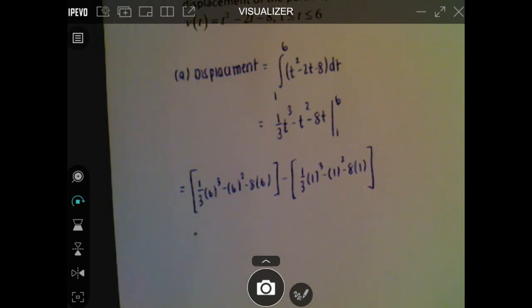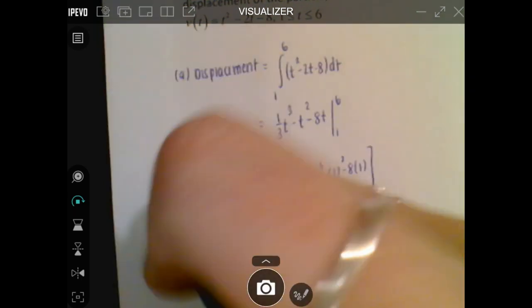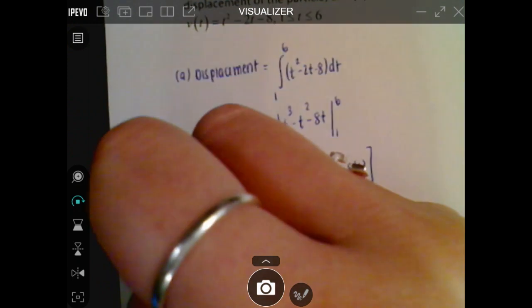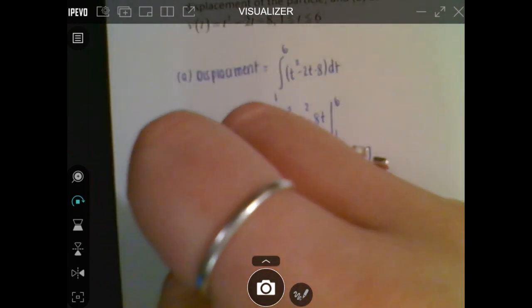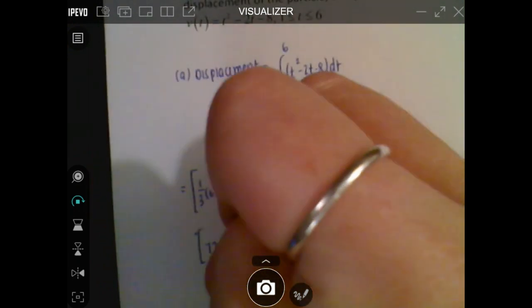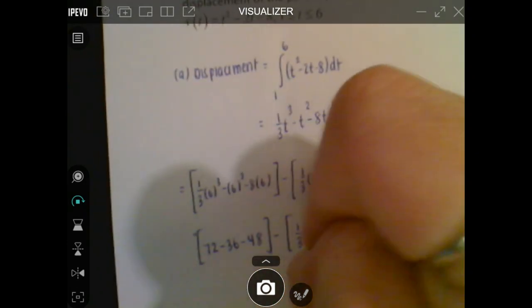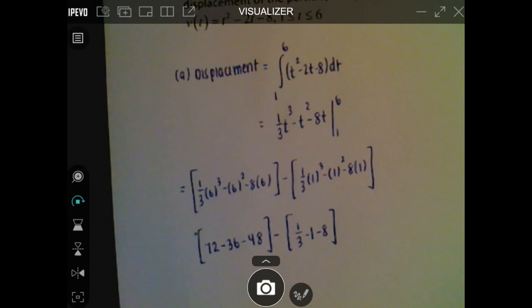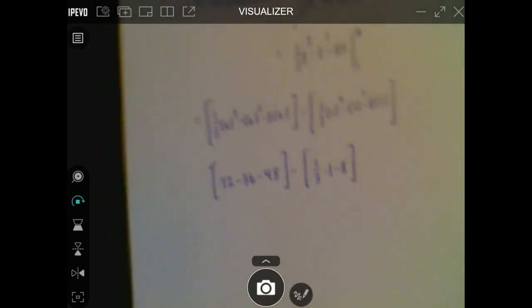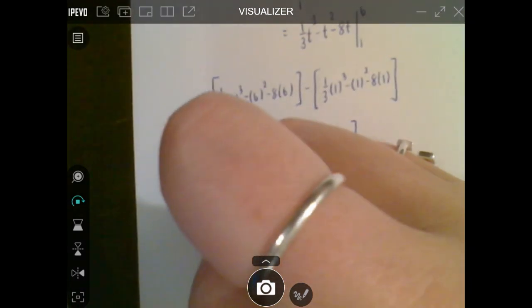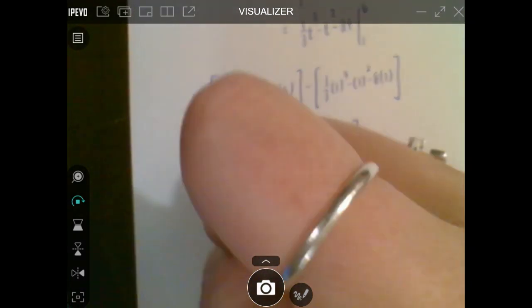I'm just going to use my calculator quick to move things along here. So 1/3 times 6 cubed is 72, minus 36, minus 48. That looks like it gives us -12 for this quantity.